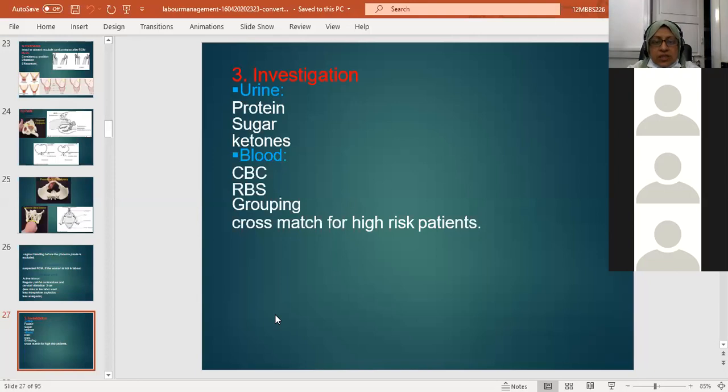So the CBC, random blood sugar, blood grouping and cross matching if the patient requires it, and viral markers like hepatitis B, hepatitis C, HIV, and urine examination is very important for protein, sugar and ketones, because the hypertensive patient may have proteinuria, and the diabetic patient may have sugar and ketones.